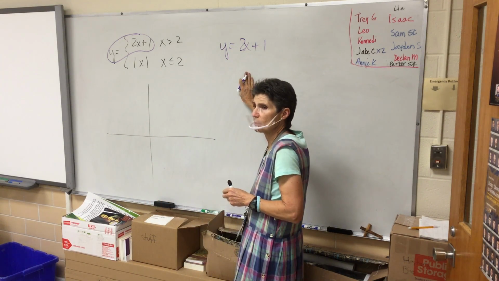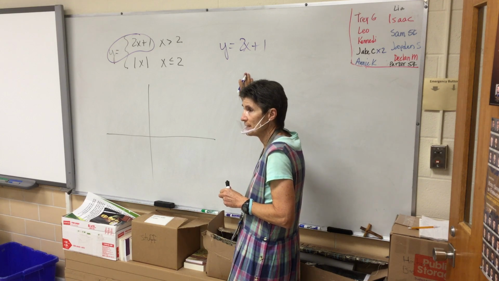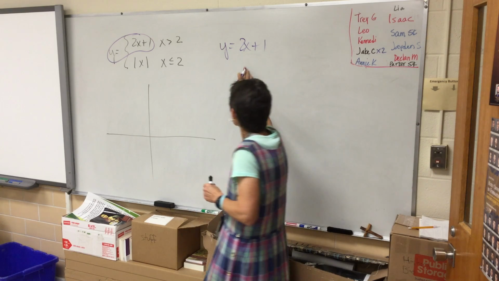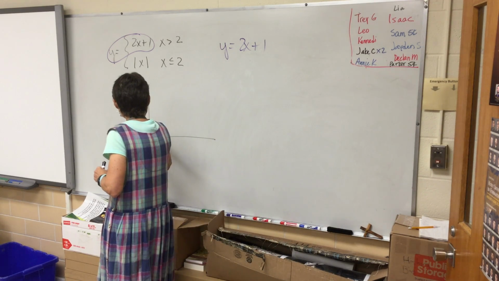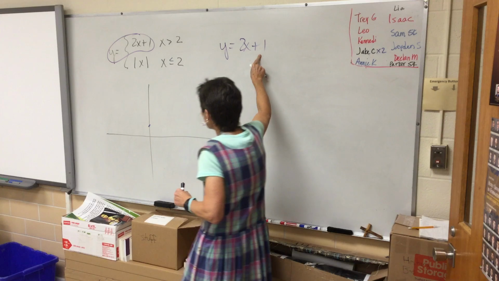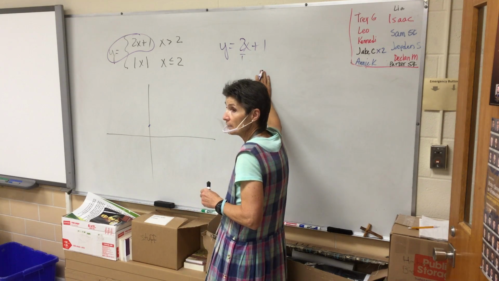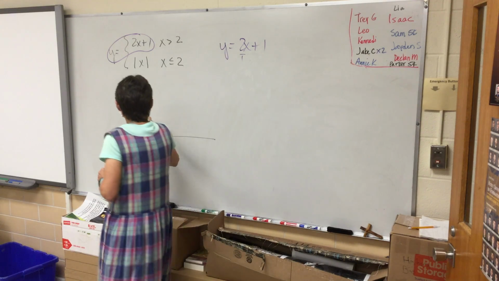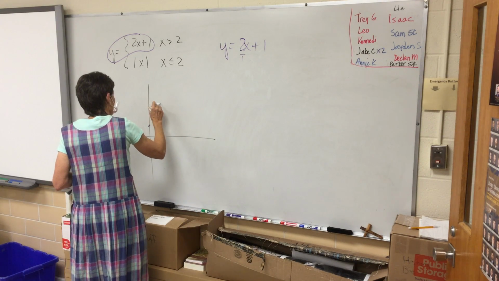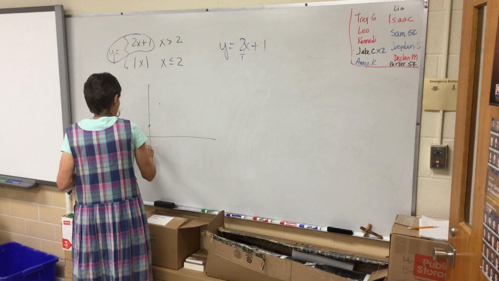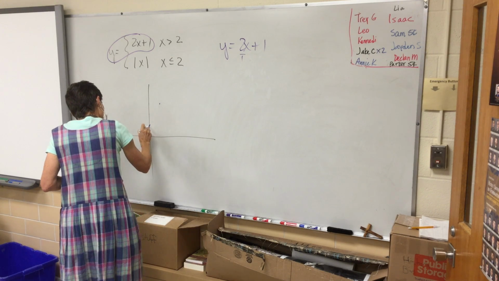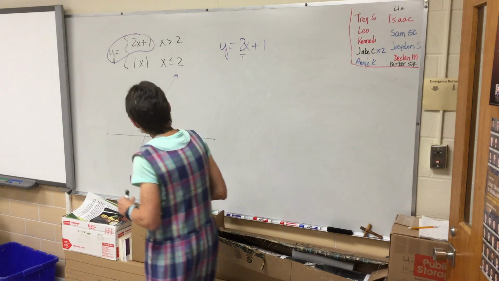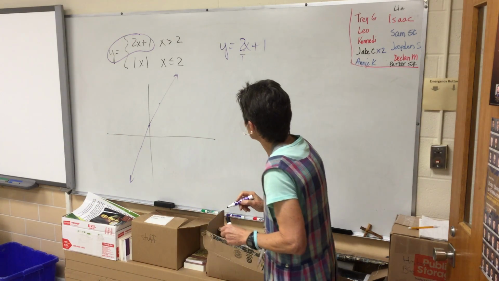Y equals 2x plus 1, y equals mx plus b. What is that? That's a line, right? And it's a line that has a y-intercept at 1 and a slope of up 2 over 1. So up 2 over 1, up 2 over 1. So here is the line. It's supposed to be a nice straight line.